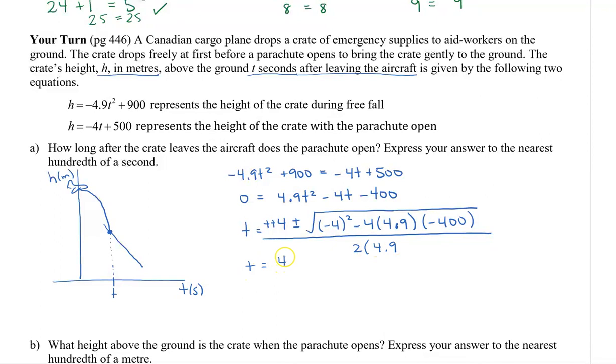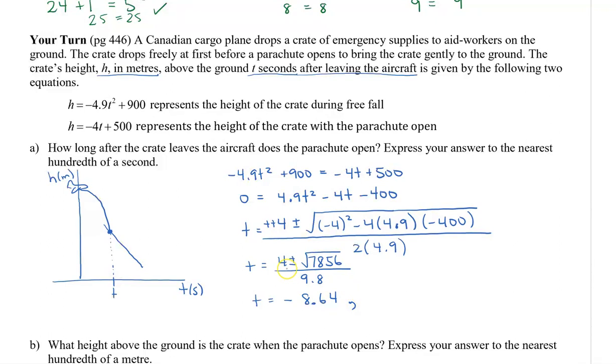All right, simplifying everything in the brackets using a calculator, I get 7,856 all over 9.8. And then take out your calculators to calculate the two values. So I'm going to go 4 minus square root of 7,856, which gives me negative 8.64.